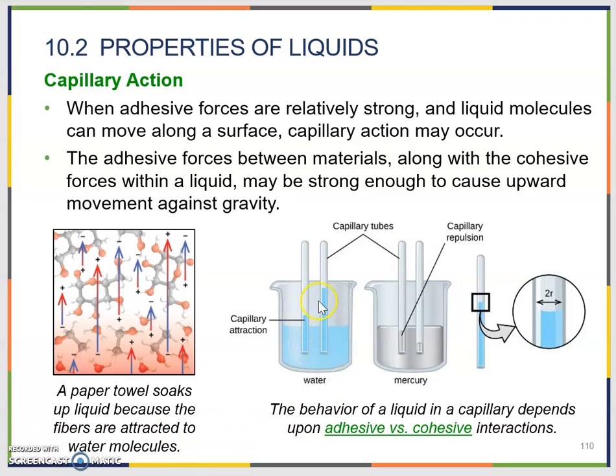In a laboratory context, we can compare water and mercury. Because water has high adhesion with the glass and mercury does not, it gives us a nice contrast to see, oh, capillary action occurs with water. So if I put in this narrow tubing, dip it in the water, over time water will climb up a little bit, not all the way, but enough such that the force that it's attracted is equal to the force of the gravity pulling down.